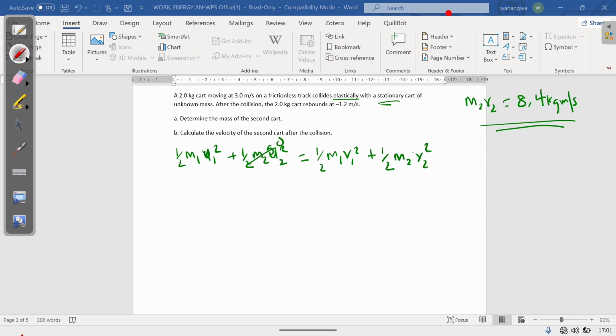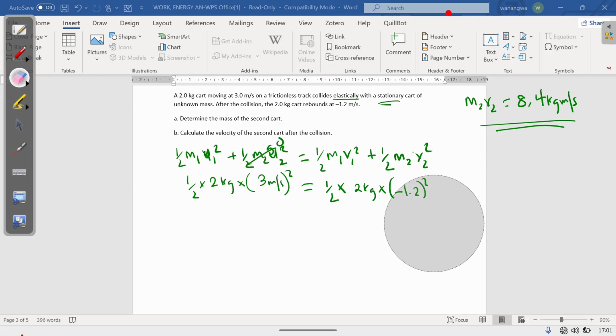Okay, this becomes 0, and this will be half times 2 kg multiplied by 3 meters per second squared equals, okay, this will become half times 2 kg multiplied by negative 1.2 meters per second squared.